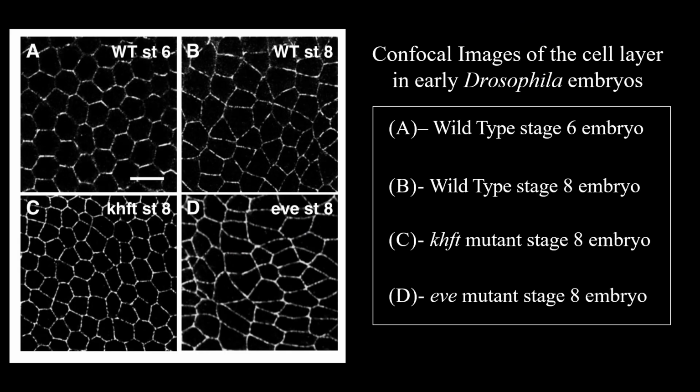Okay, so how did they do these experiments? They took confocal images. Remember, a confocal microscope is a microscope that allows you to take pictures that have a high resolution, that allow you to remove the background noise, and so they have high quality, and in addition to that, they can form three-dimensional pictures.